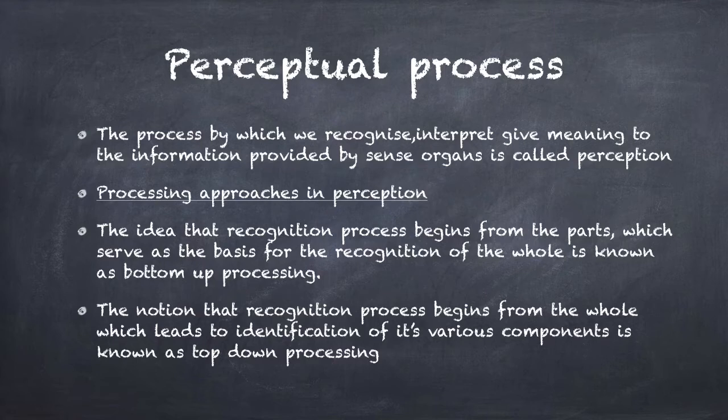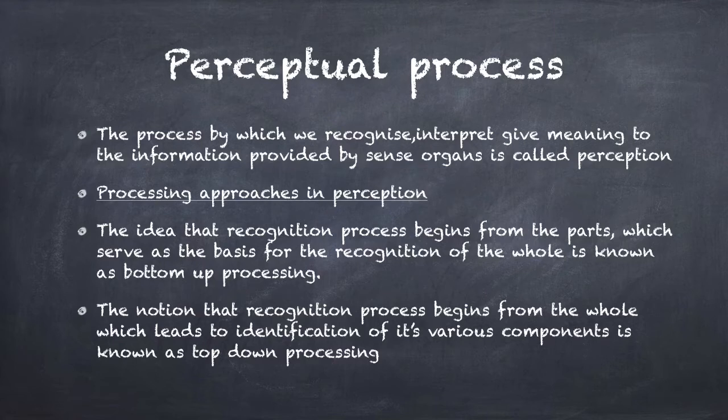You see the whole first and then you recognize the parts. These are two kinds of approaches in perception. One is bottom up processing, the other is top down processing. The bottom up approach lays emphasis on the features of stimuli in perception and considers perception as a process of mental construction.